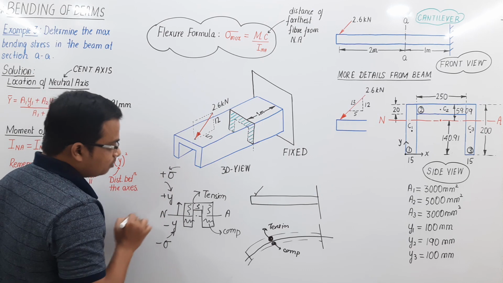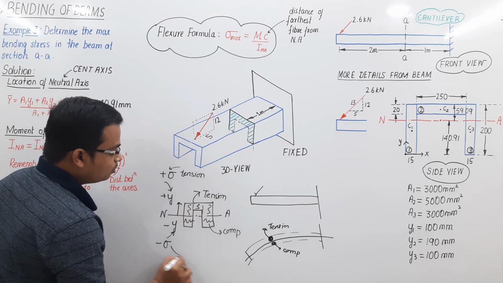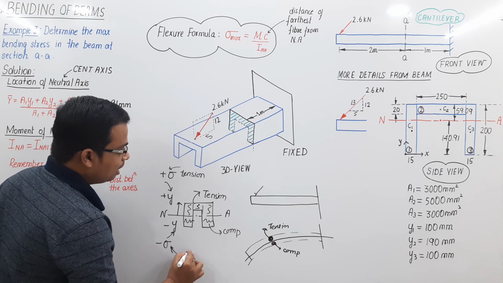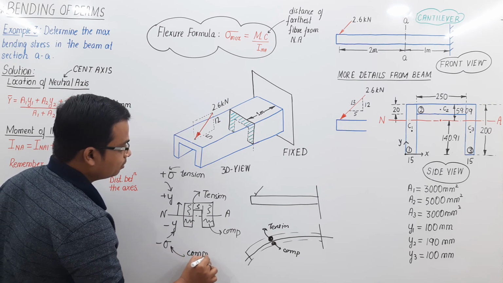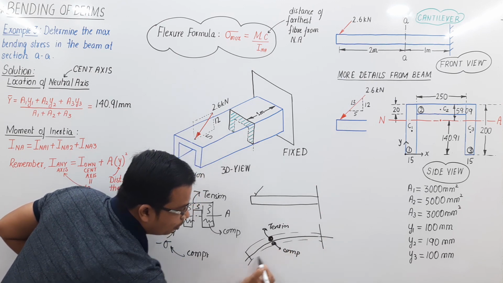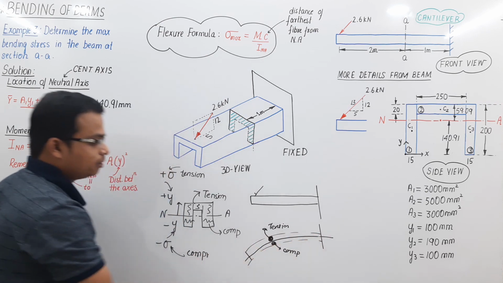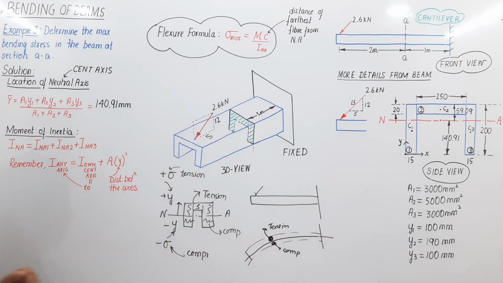Positive stress represents that the fibers are under tension. Negative stress represents that the fibers are going to undergo compression. Everything below this neutral plane is undergoing compression, and everything above it is undergoing tension. That is the idea. Pause the video and note it down. Okay, moving ahead.